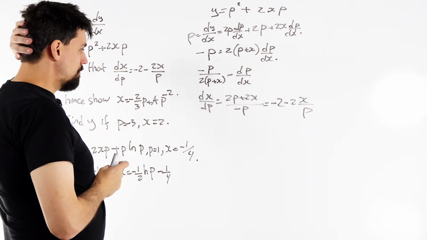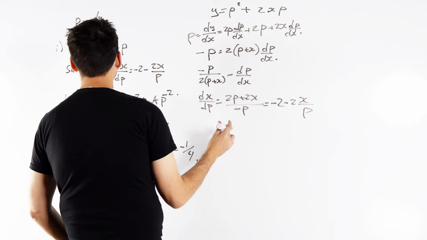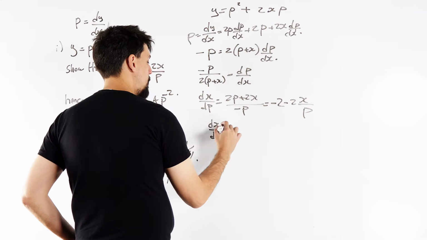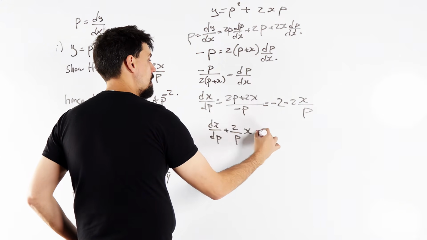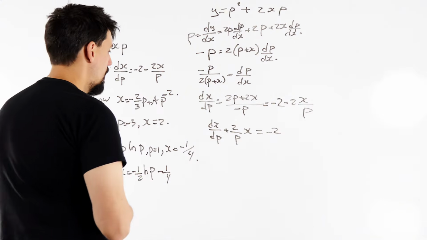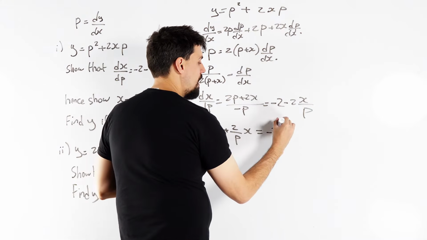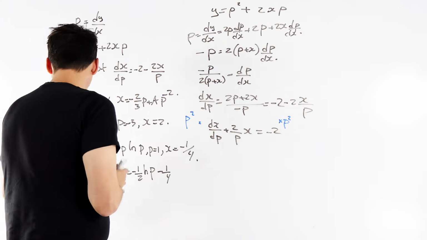Now then, what is this? Well, let's solve it. This is an integrating factor question. dx/dp plus 2 over p times x is equal to minus 2. And I think I'm going to times all of this by p squared. Why by p squared? A bit of experience, a bit of really good at doing integrating factors.